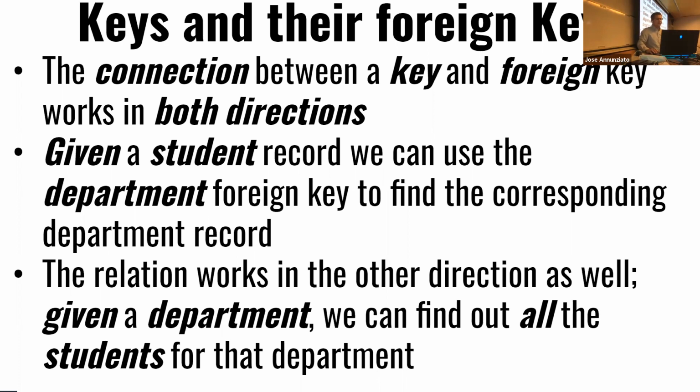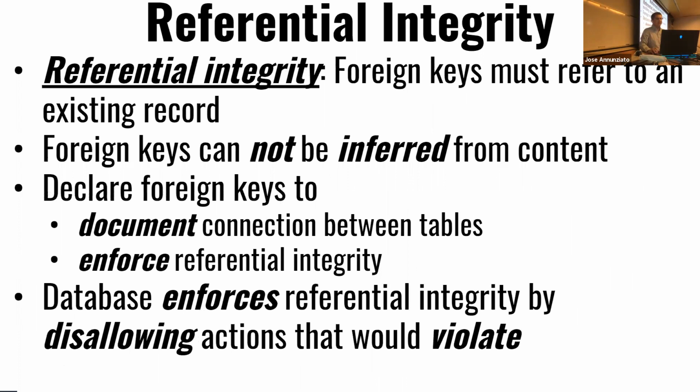Primary keys and foreign keys allow us to relate students and departments in both ways. You can navigate from one to the other just by following from a foreign key to a primary key. Referential integrity, as I mentioned earlier, means the database is going to stop you if you inadvertently leave records dangling.